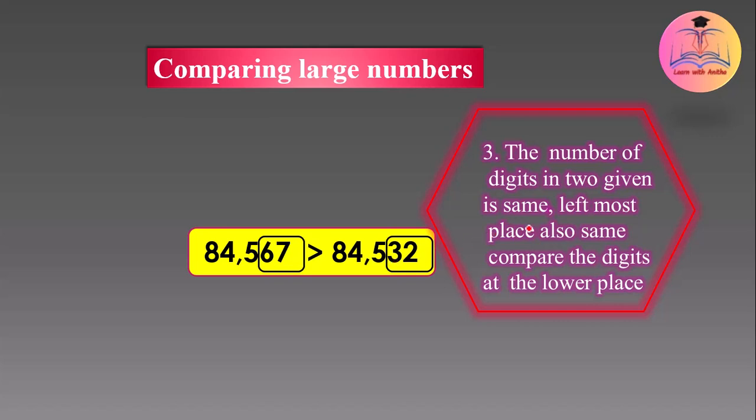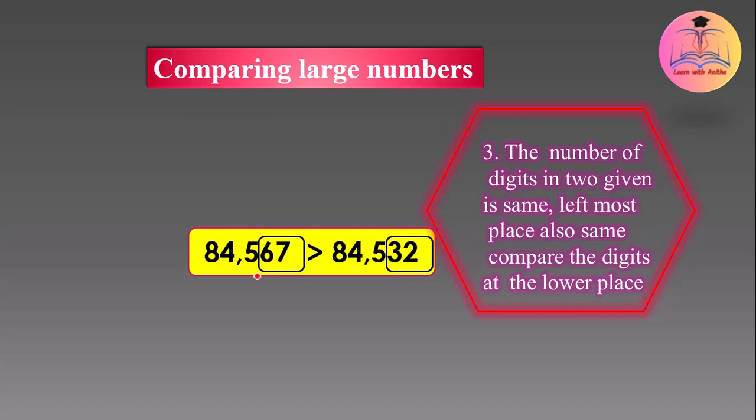Compare the two numbers. Here 67 is the greater number. So this number is the greater number here. So 84,567 is the greater number here.